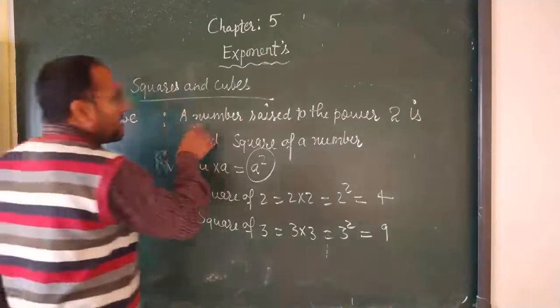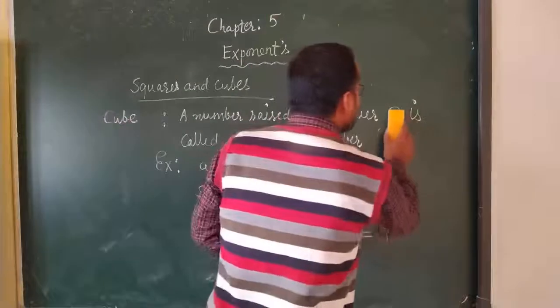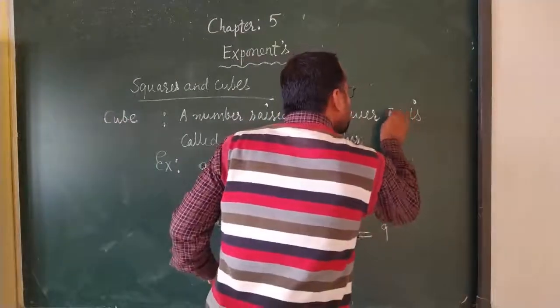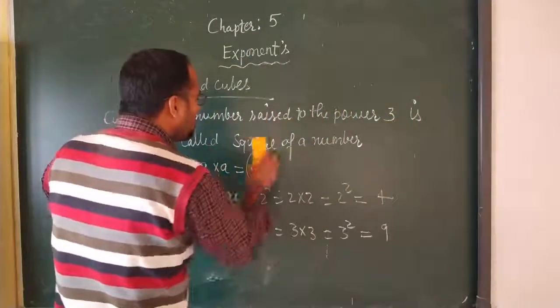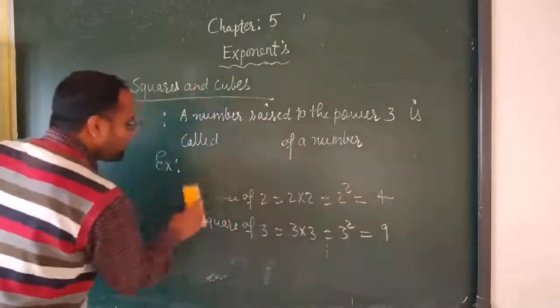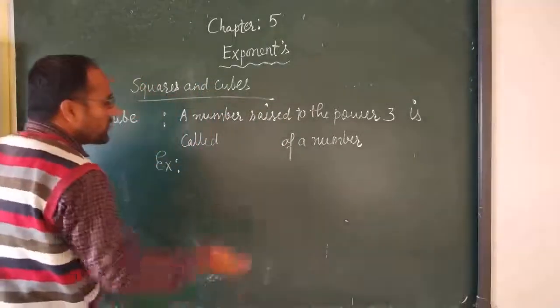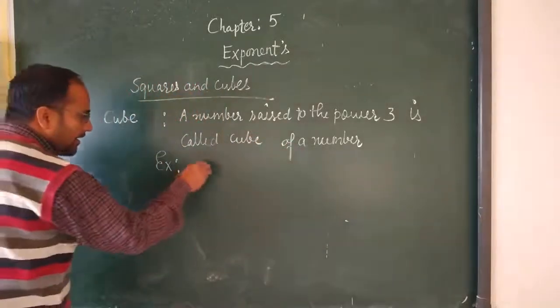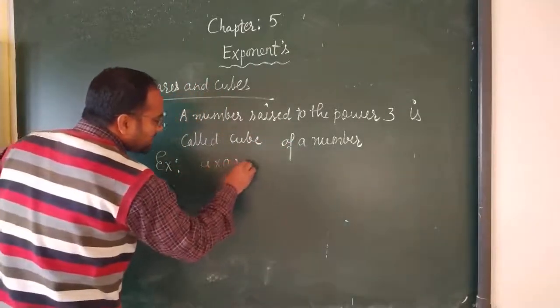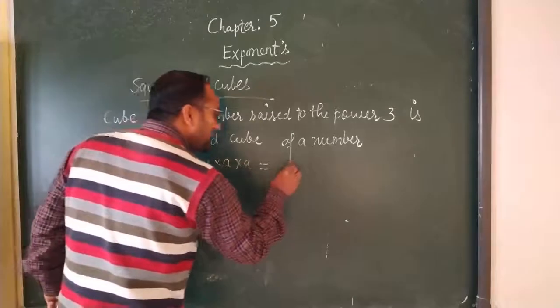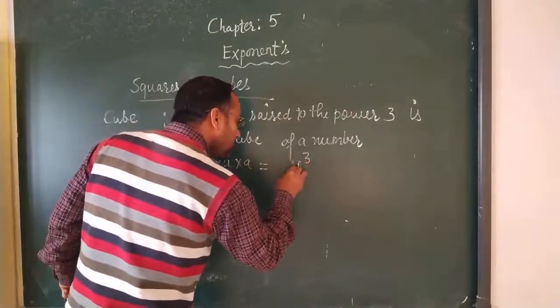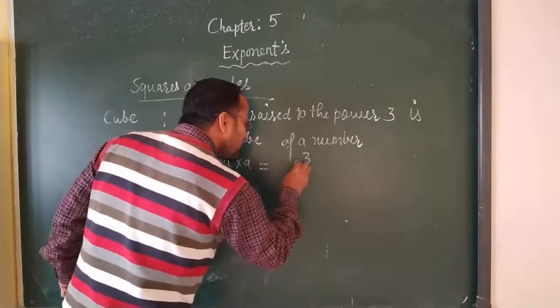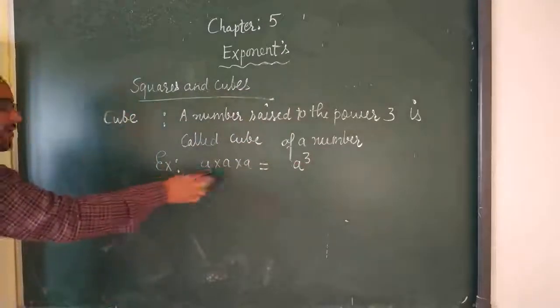Cube: a number raised to the power 3 is called the cube of a number. A is multiplied by A is multiplied by A, 3 times, and if its power is 3, A to the power 3, it is known as a cube of a number.